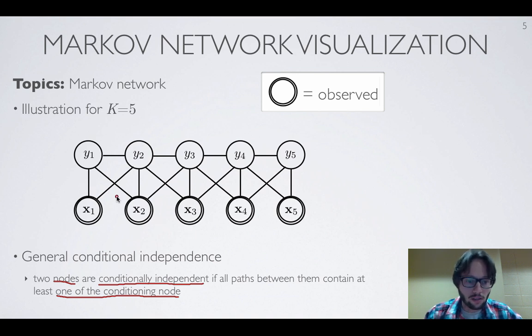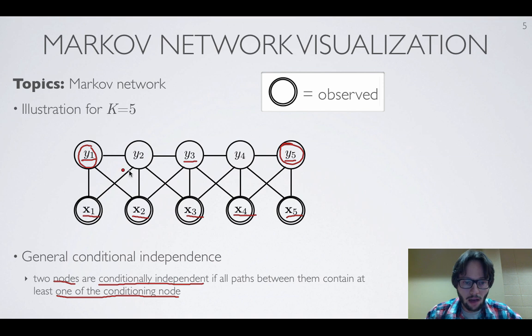So imagine in the conditional random field, again, we always observe all the inputs. Now imagine that I'm also observing y3, and I want to know whether y1 depends on y5. In this case, there's one path between y1 and y5.